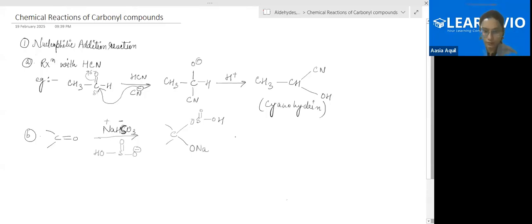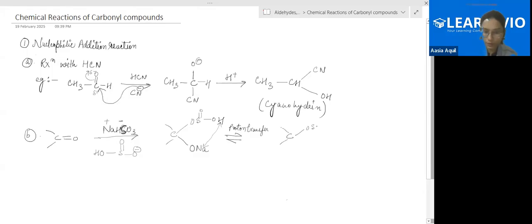The next step is proton transfer. These protons get exchanged. So what will happen?